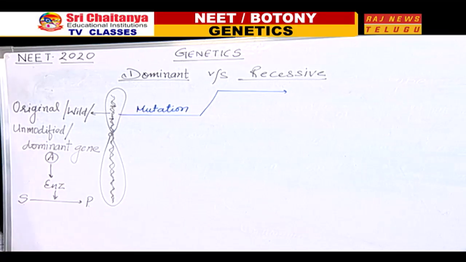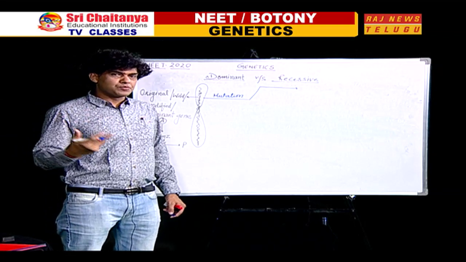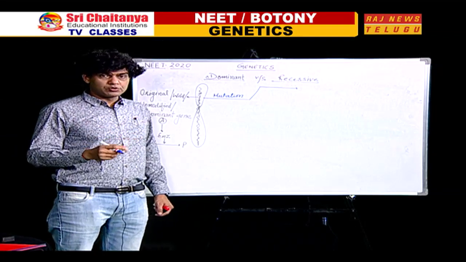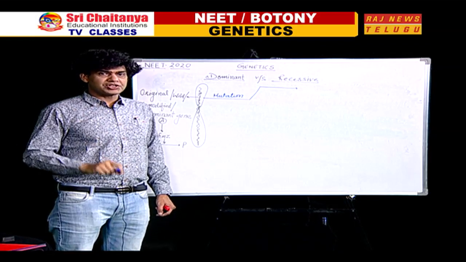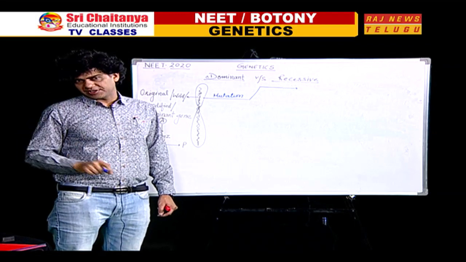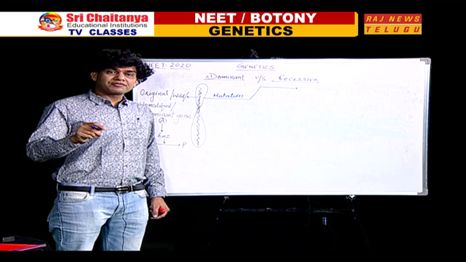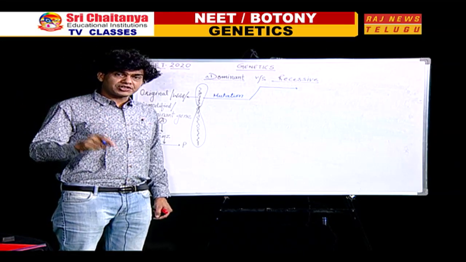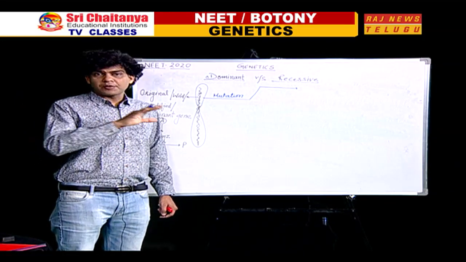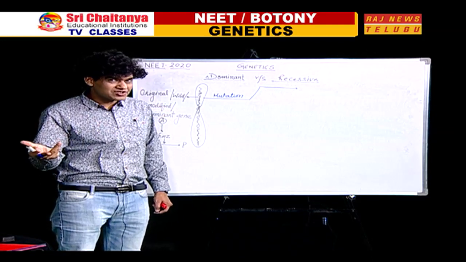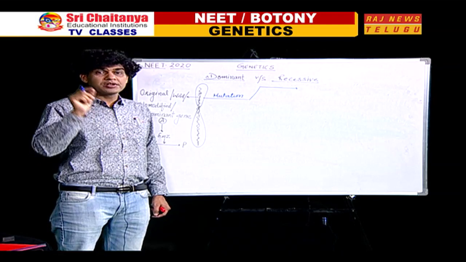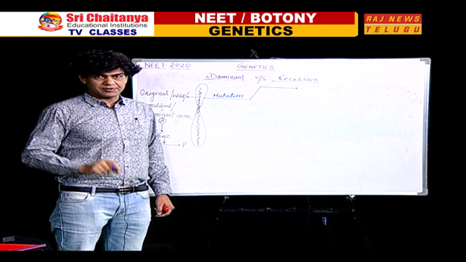There are three basic terms regarding the types of mutations I would like to share with you: same sense mutation, missense mutation, and nonsense mutation. Whenever after a modification or alteration within a gene the protein product remains the same, meaning the sense does not get changed, that kind of mutation is called same sense mutation.